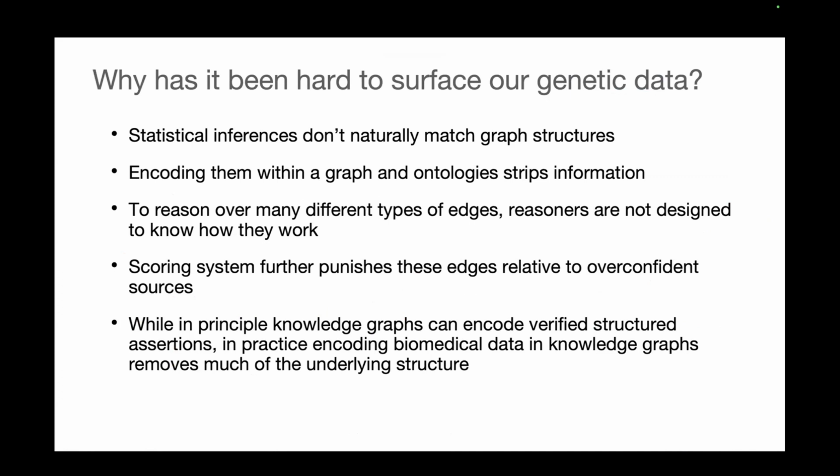And the generality of knowledge graphs is a double-edged sword, because the reasoners, in order to reason over all these different sources, have to almost by definition not be specialized to any one evidence type. So they don't know that these genetic data sets are special to me as a user, or might have a model underneath them.